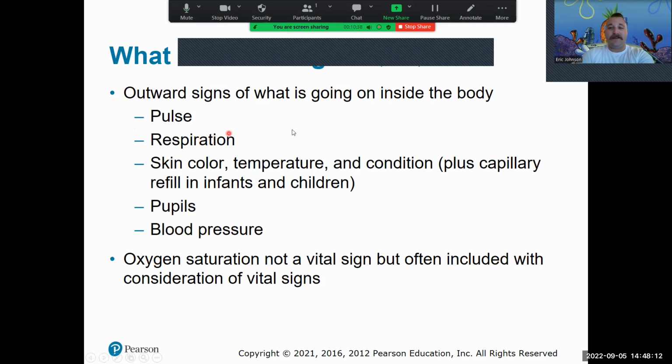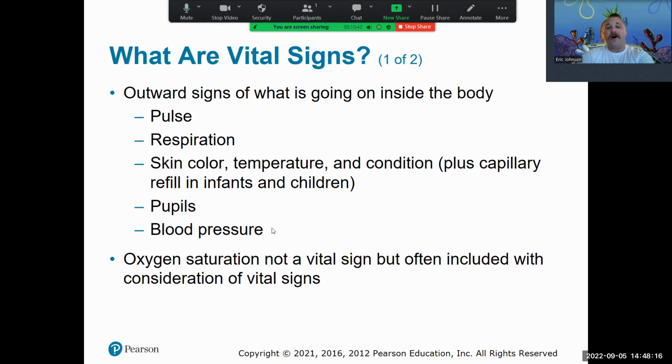So in the grand scheme of things, these 3, pulse, respiration, and blood pressure, are the critical core vital signs, because changes in these, especially negative changes, very high, very low, and of course absent, will tell us that this patient's probably not going to make it much longer without our intervention. It doesn't mean they're going to die. It just means that if we don't do anything, they will probably die.